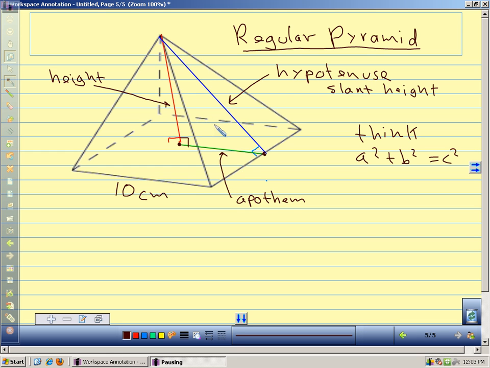So it's important to remember, with a pyramid, you have this right triangle here that you can work with using the Pythagorean theorem. That little trick comes up a lot working with pyramids. All right, any questions? Okay.